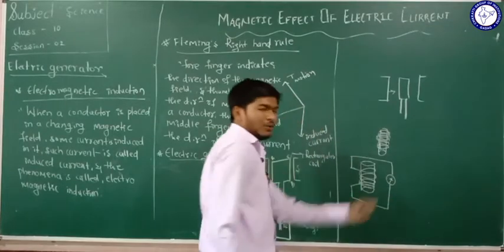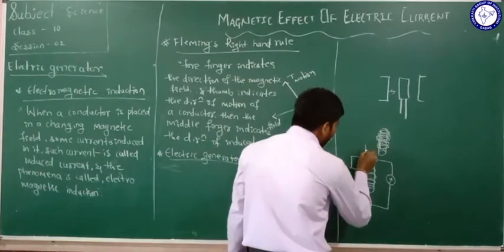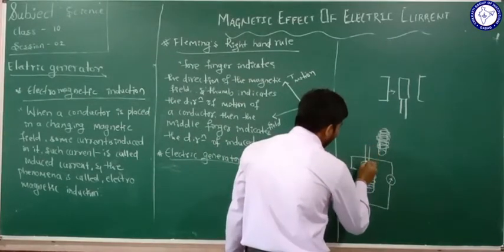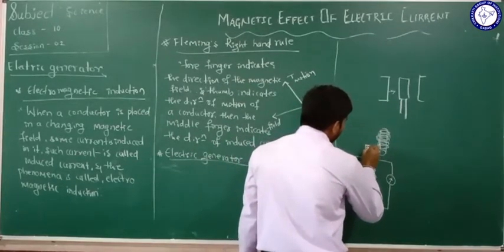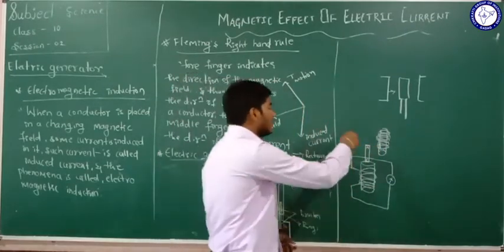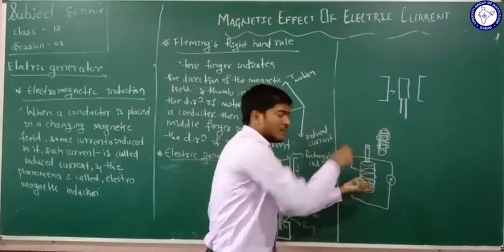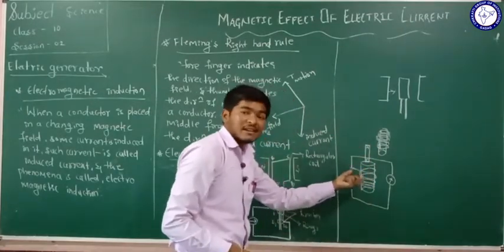Now you have to take a bar magnet. Imagine that this is a bar magnet, and continuously we have to move this bar magnet inside this coil and outside.